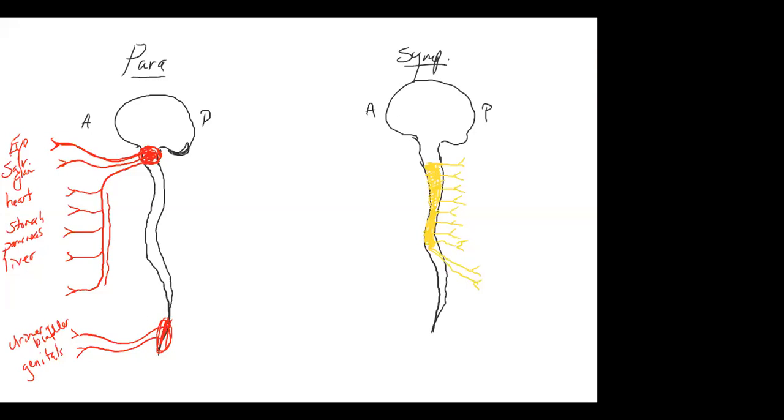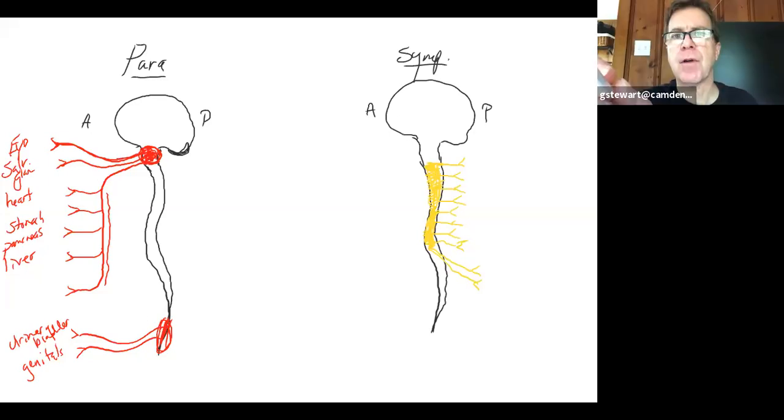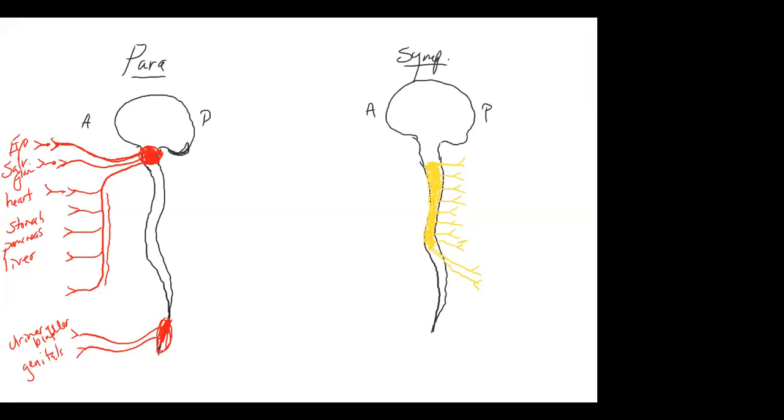They're very long, and then the postganglionic fibers are very short and run to the effector organ. So that's what I'm trying to compare now. The first thing that we compared was where they originate from: the cranial region of the brainstem and the sacral region down here of the spinal cord. And the other was the thoracic and lumbar regions of the spinal cord over here.